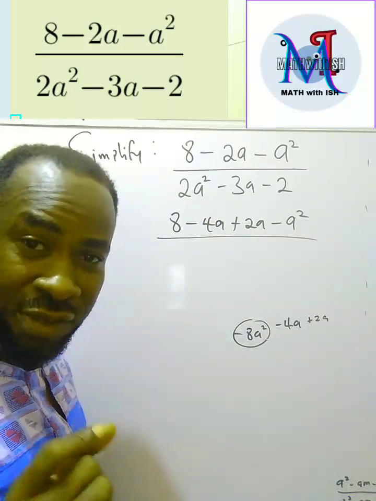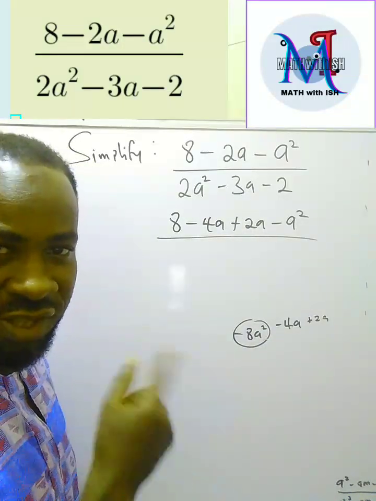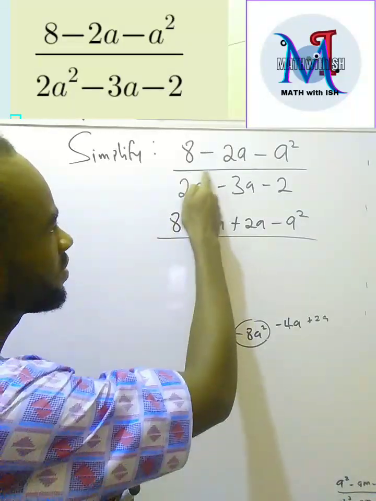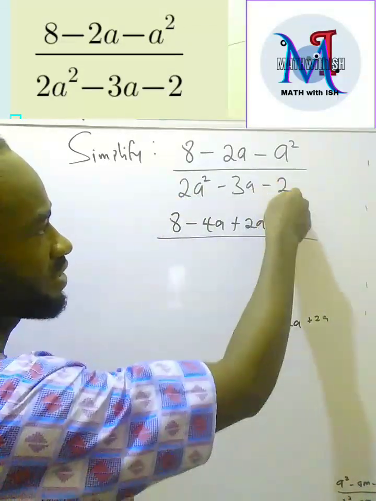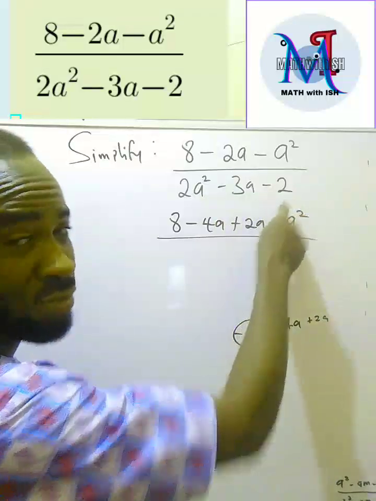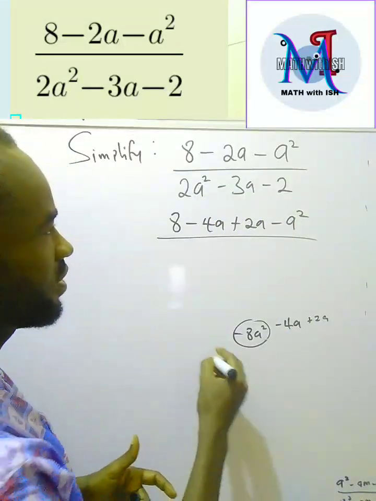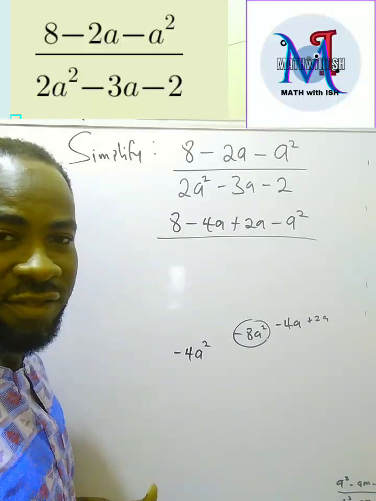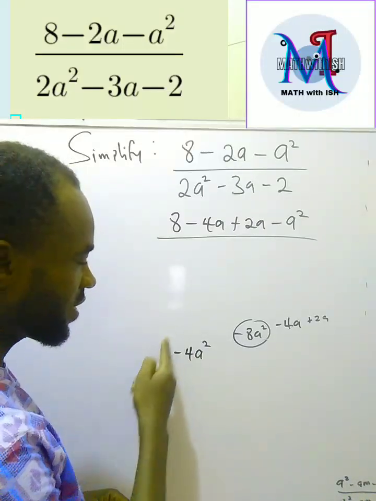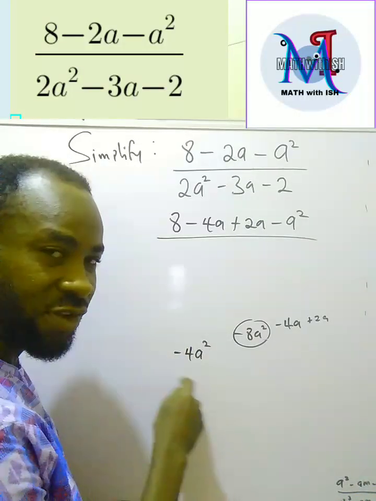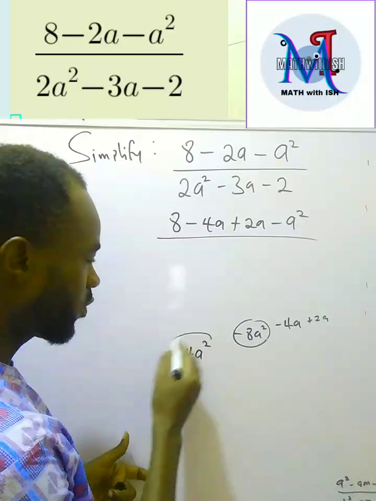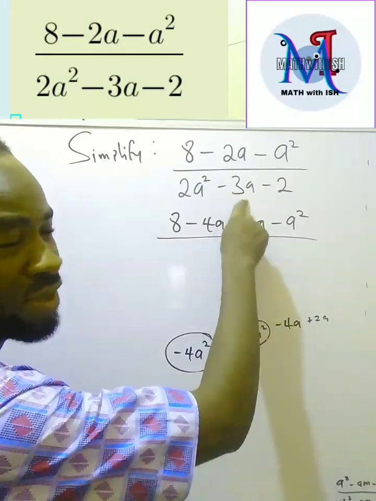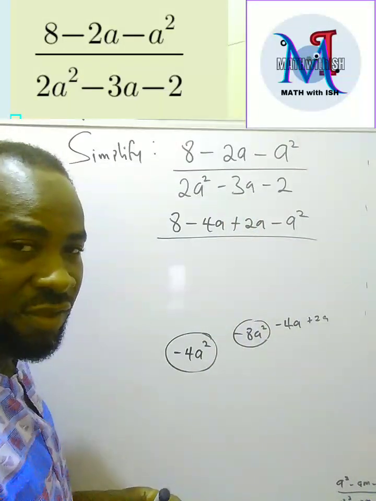I'm going to do the same thing for the denominator. For the denominator, I'll use the first term and multiply by the last term. So 2a squared times minus 2 will give us minus 4a squared. The next thing to do is to find two factors of this minus 4a squared that, when you sum them together, will give you the middle term, which is minus 3a.